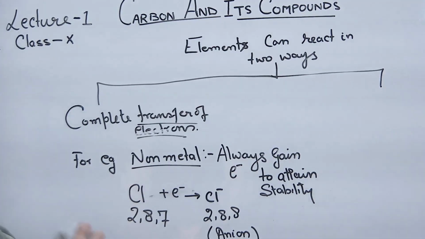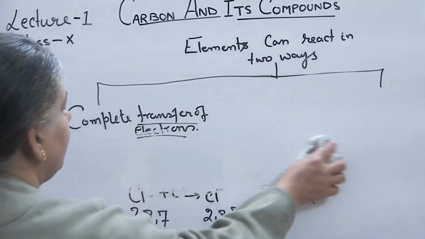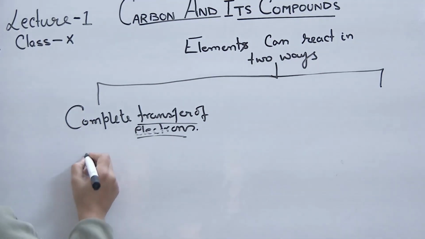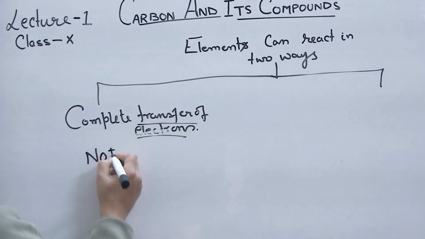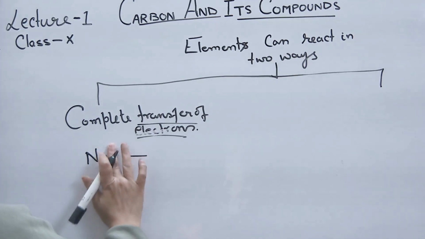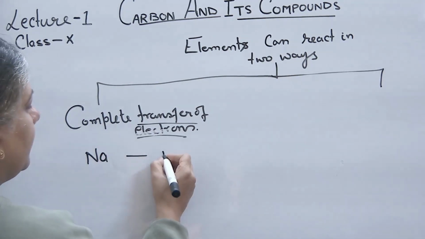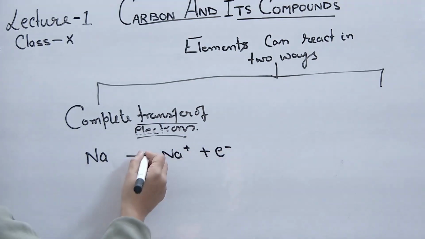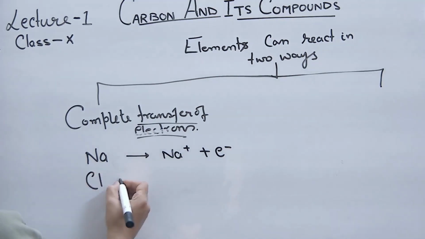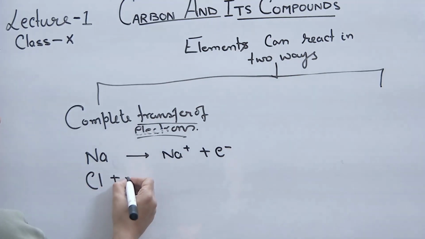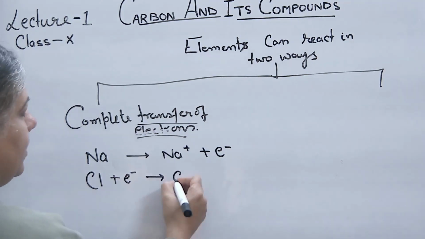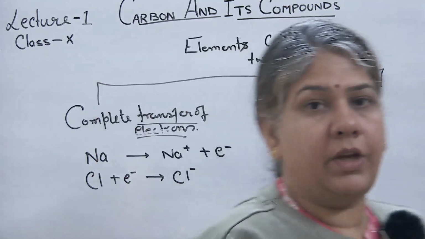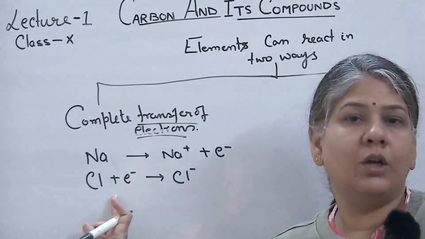So if we see the overall reaction, the sodium is losing one electron, whereas the chlorine atom is gaining one electron. So the electron lost from sodium is gained by the chlorine atom.